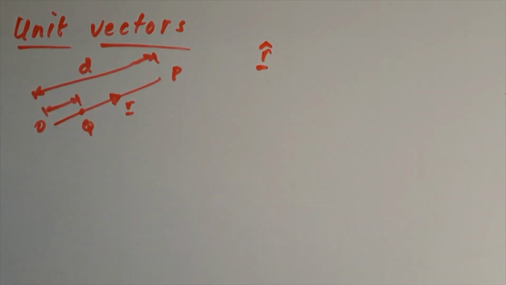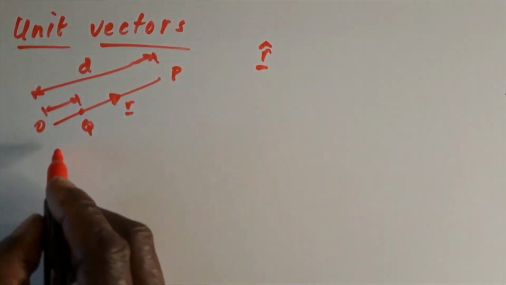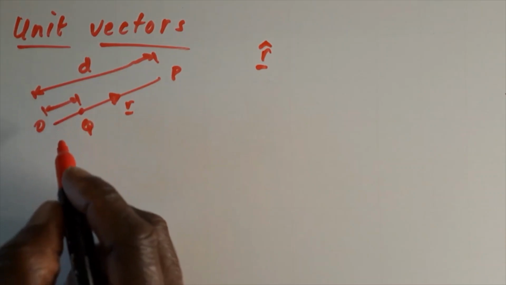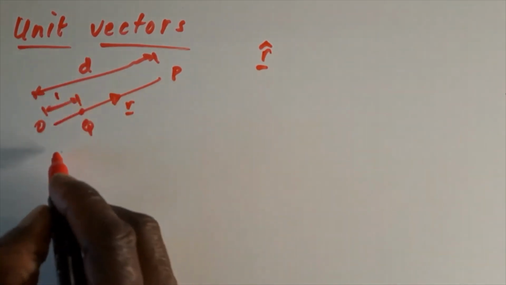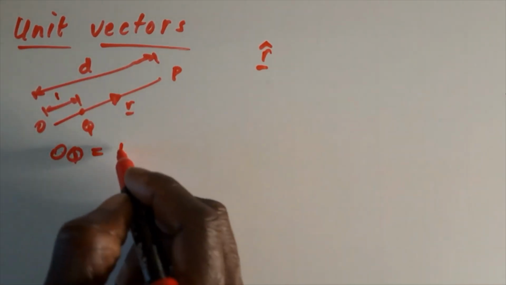That represents the unit vector in the direction of R. We call that the vector R hat. If we look at this diagram here, we have OQ from here to here, this distance, which is 1 unit. So we have OQ is equal to 1.